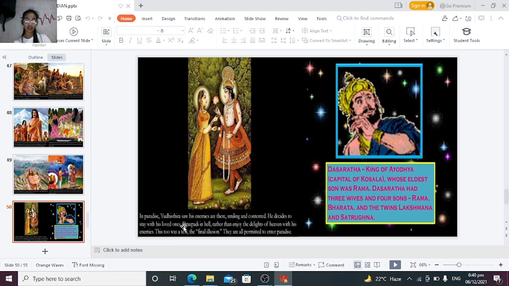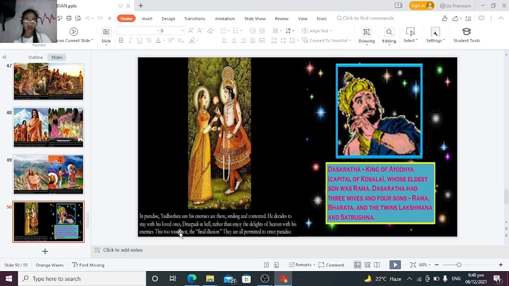So in paradise, Yudhishthira saw his enemies there, smiling and contented. He decided to stay with his loved ones, Draupadi, in hell rather than enjoy the lights of heaven with enemies.